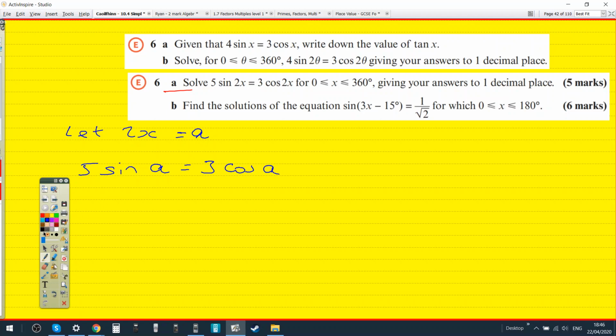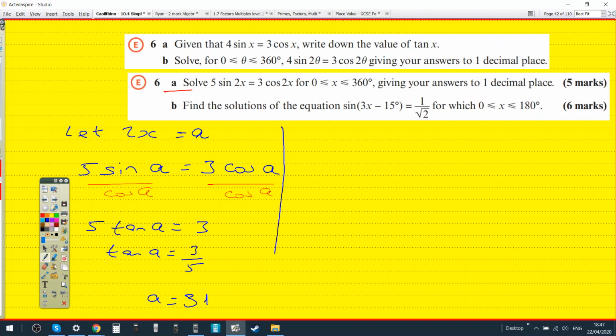And then we have 5 tan a equals 3. Yep. So then tan a equals 3 over 5, so a equals tan to the minus 1 of 3 over 5, which is 31.0 degrees. Great. I'm just going to write 31.